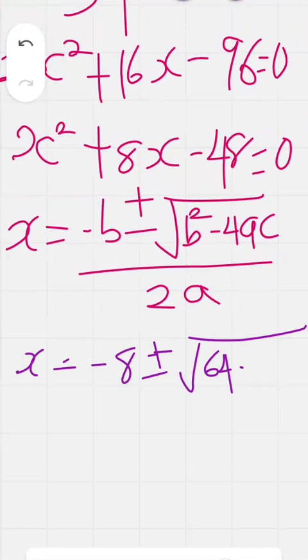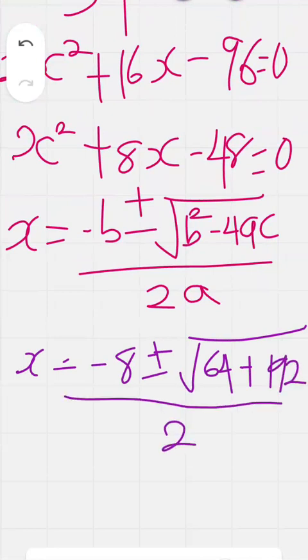minus 4ac. Before you say minus, you look if there is any negative. For our case, c is negative 48, and a is 1, so we just take 48 times 4, which is 192. Because we have negative times negative, it will be positive 192, over 2a.